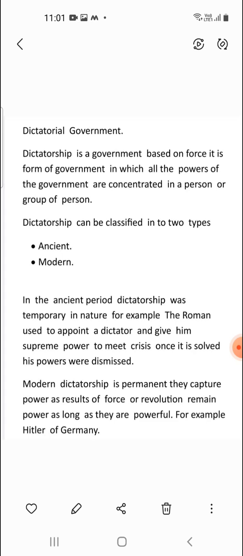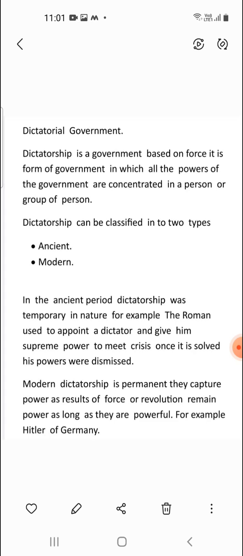which mean rule of the people or power of the people. The first feature of democratic government is that it is government for the people. Second one, adult franchise. Adult franchise means all the citizens of India who have attained 18 years are eligible to take part in the activities of the state, especially the political activities. They can cast a vote for their favorite representative and form a government for a period of 5 years.